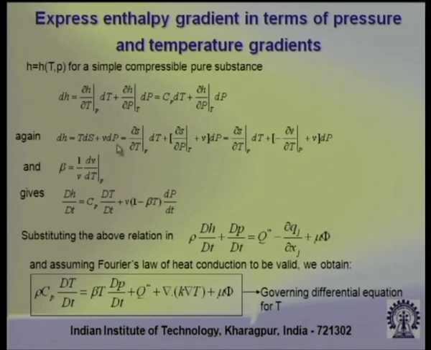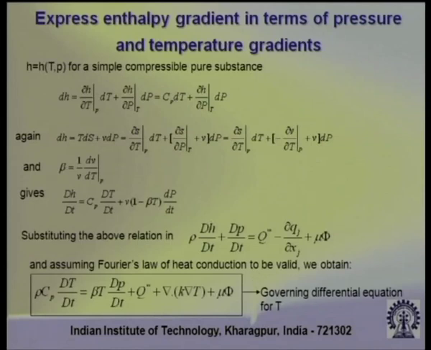Now, once you do that, you can combine that relationship with the energy equation right hand side which you have already derived and come up with the general governing differential equation for temperature, where we have expressed the heat flux using Fourier's law of heat conduction.